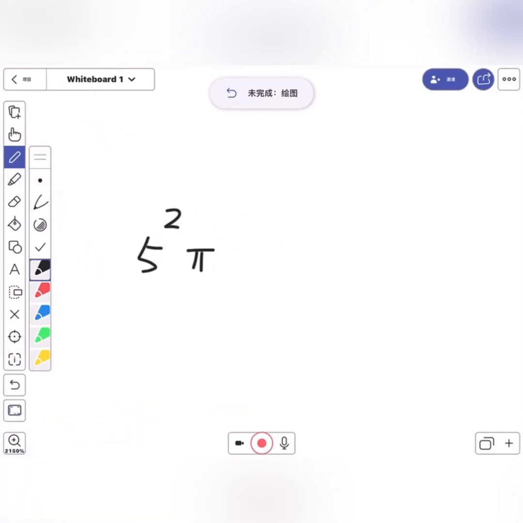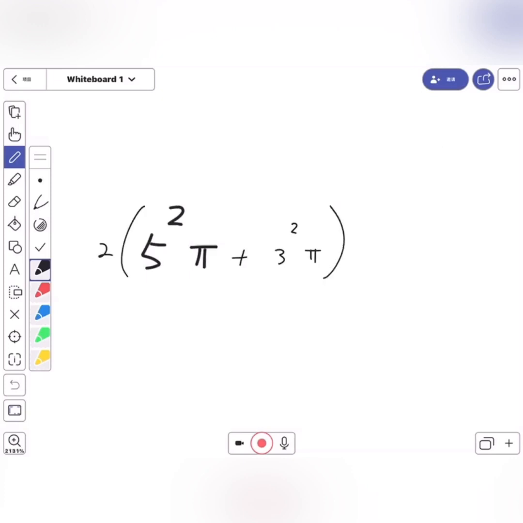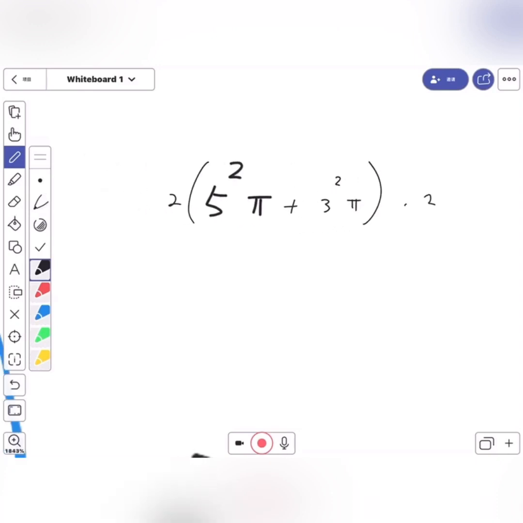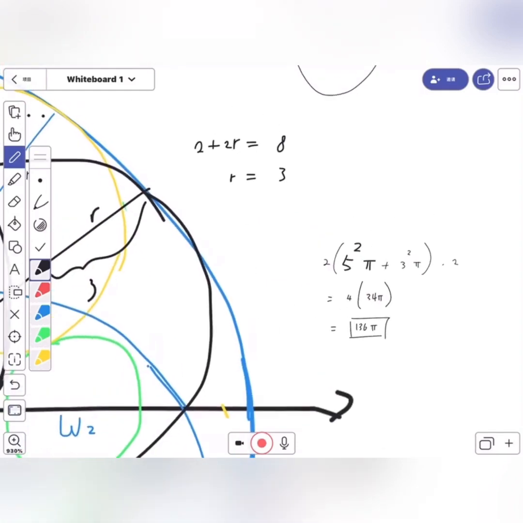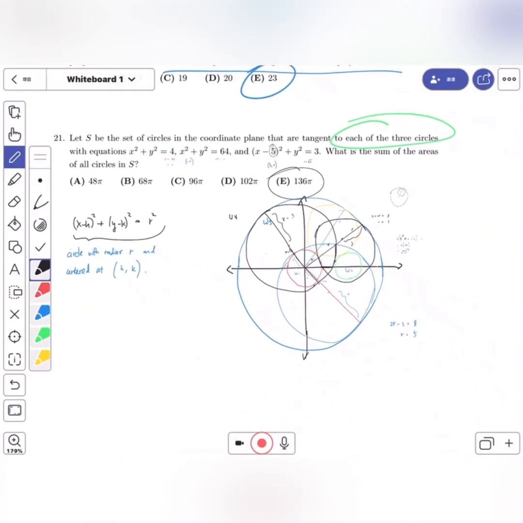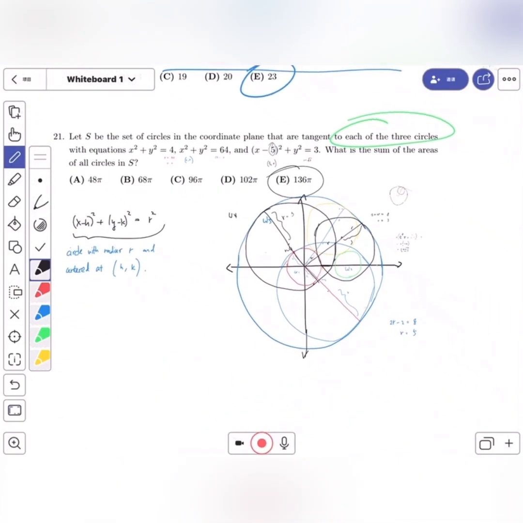So 25 pi plus 9 pi times 2, but don't forget about symmetry, so you have to multiply by 2 again. This will just be equal to 4 times 34 pi, which is equal to 136 pi, and that just simply gives us an answer of E, 136 pi.